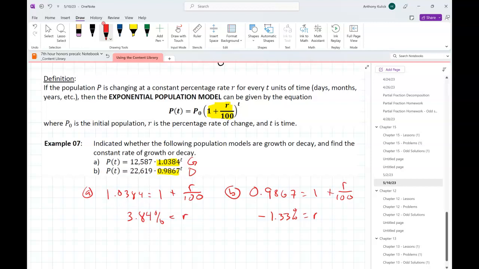So with these decays, we can describe the r two ways. You can say in part B, the rate of growth is negative 1.33%. Or you could say the rate of decay is just 1.33%. So that word decay can be used in substitution of the negative sign. Just keeping that in mind, just as a little vocabulary.